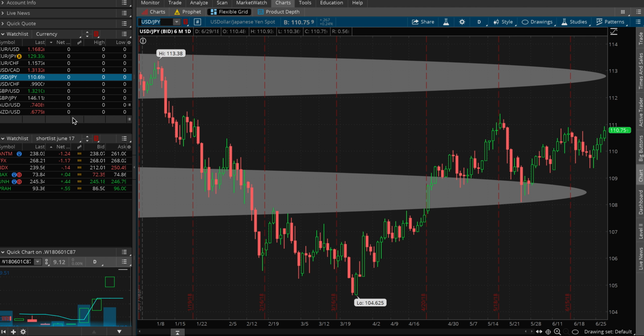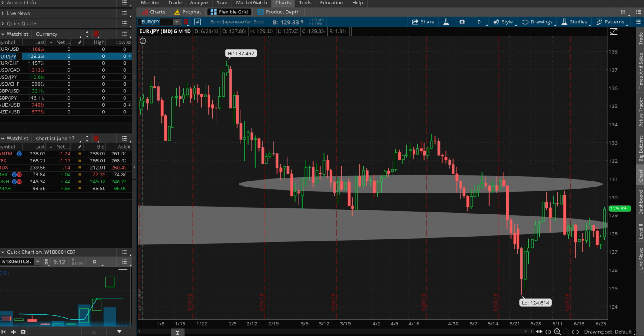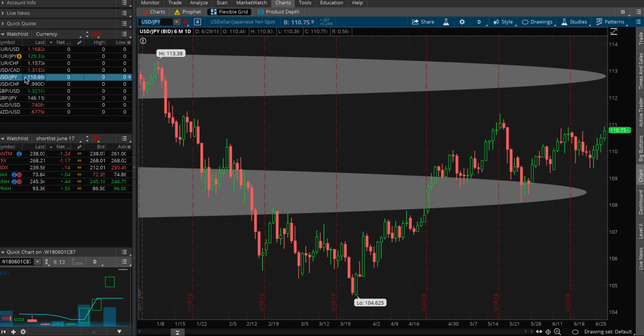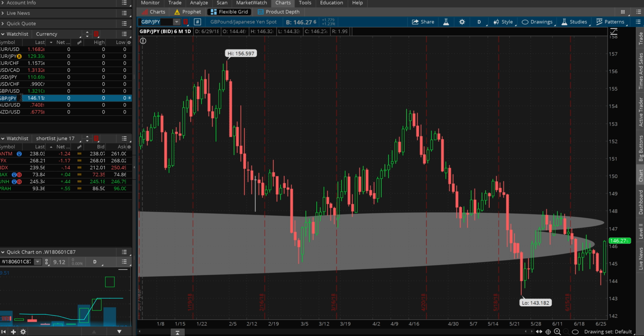So what you look at is, anything which is related to yen that we talked, the euro yen that we looked at, the dollar yen, the pound yen. So it looks like, you know what, the yen really is not doing anything, right? If you do Japanese, sorry, this is pound yen.